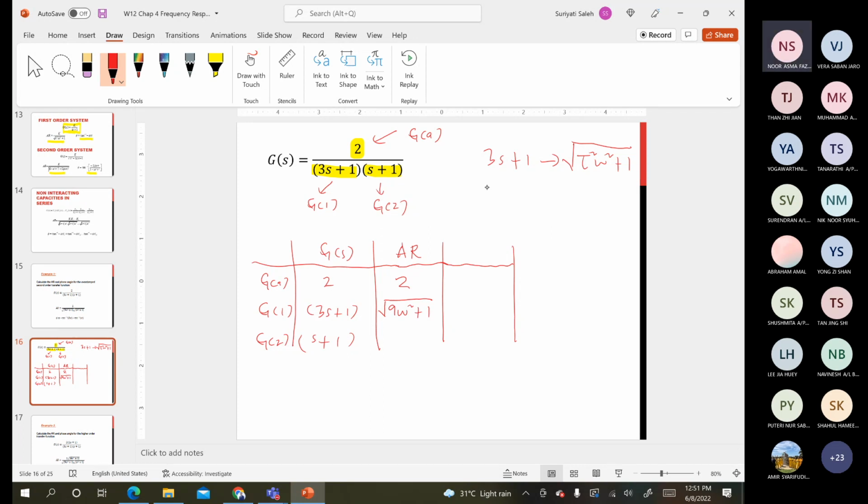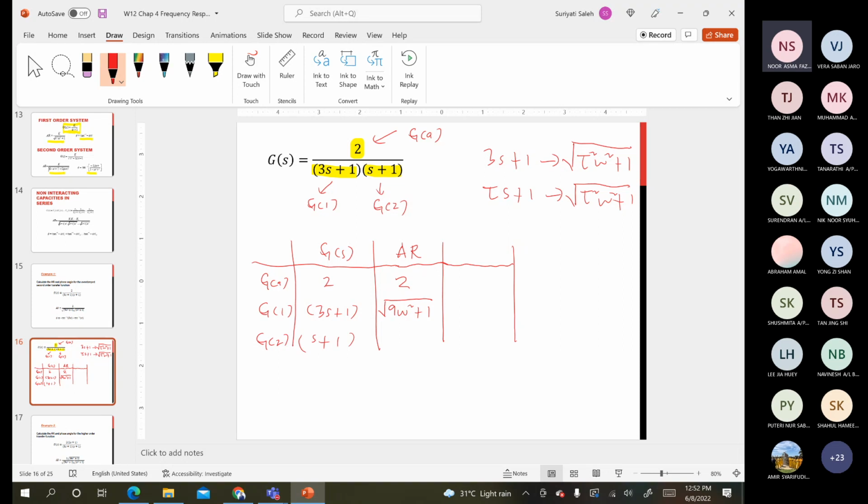Normally, when you have tau s plus 1, the standard form should be tau square w square plus 1. It's not going to change. You just change whatever the value of your time constant. For this part, since the time constant is 3, then 3 squared, you get 9. So you have 9w square plus 1, and then you put the square root.